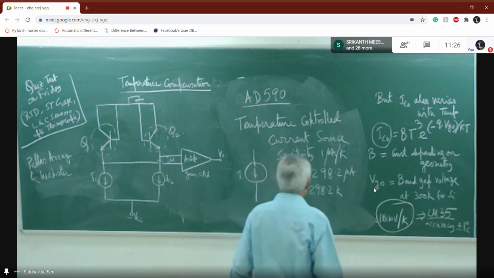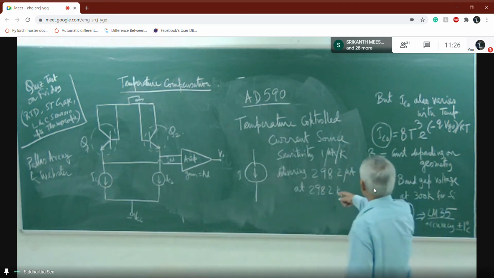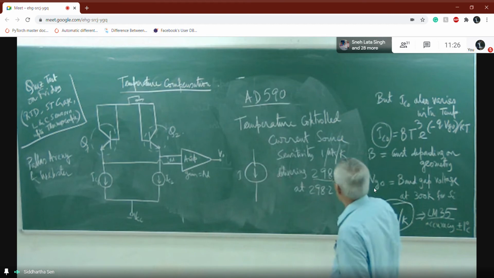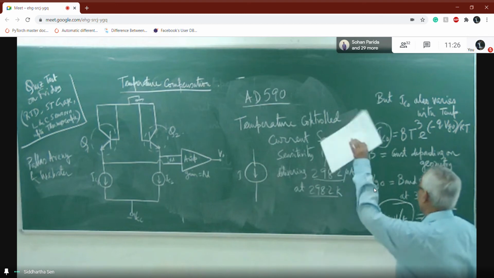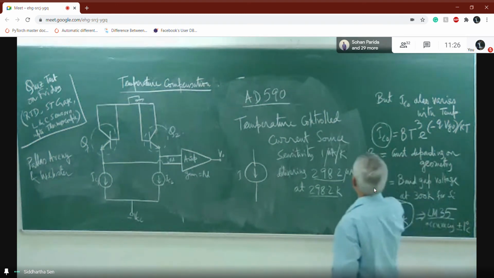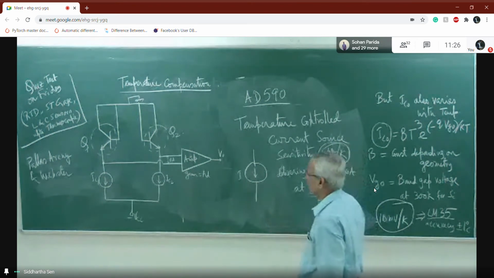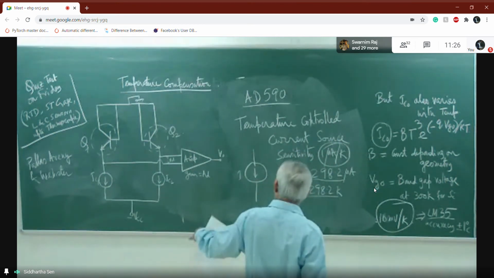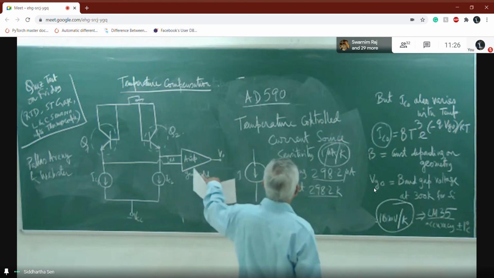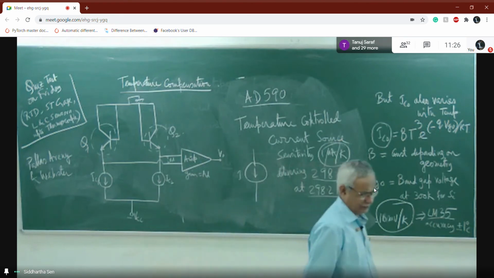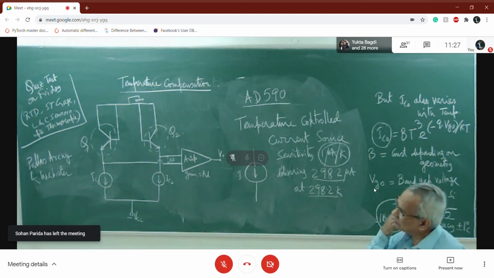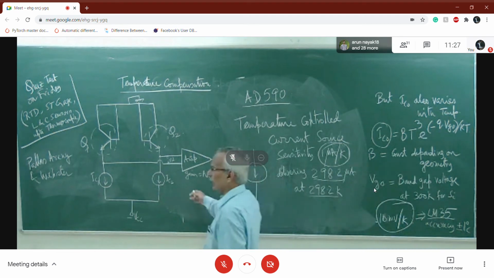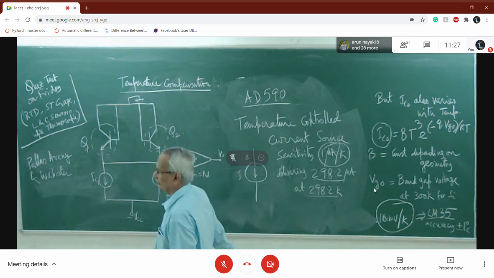That means at room temperature, around 25 degrees Celsius, and after that it is very linear, 1 microampere per Kelvin. For the AD590, they also employ a similar scheme, but a little bit more complicated. If you get time, please go through Gray and Meyer's book on the development of this AD590 scheme. But the basic scheme is a basic differential amplifier.